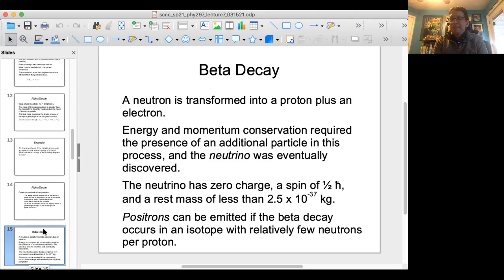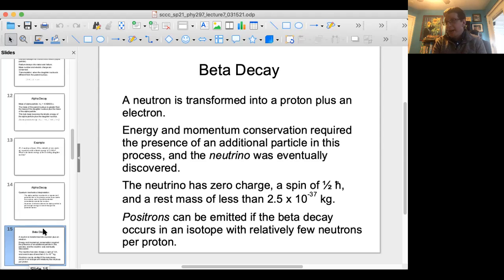Here's an example of experiment leading theory: energy and momentum conservation required the presence of an additional particle, not just the electron. So typically in beta decay, you have a neutrino in addition to the electron. A neutrino has very, very little mass. It's still yet to be determined. It's known to be less than 2.5 times 10 to the negative 37 kilograms.